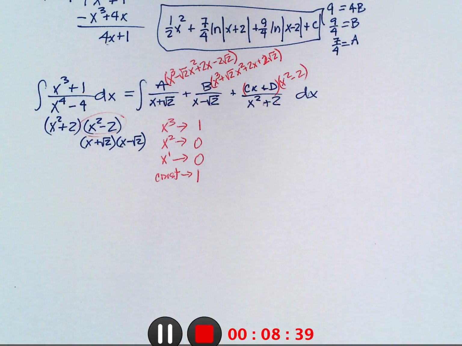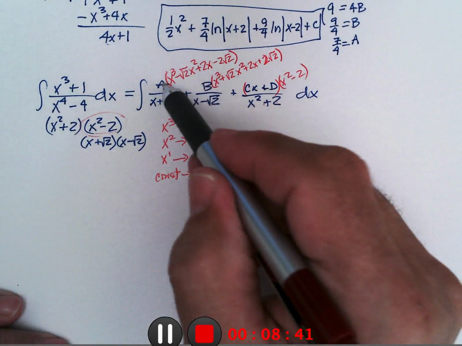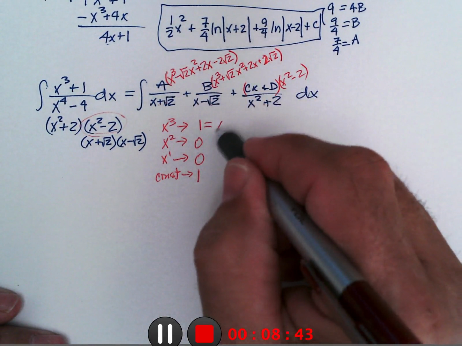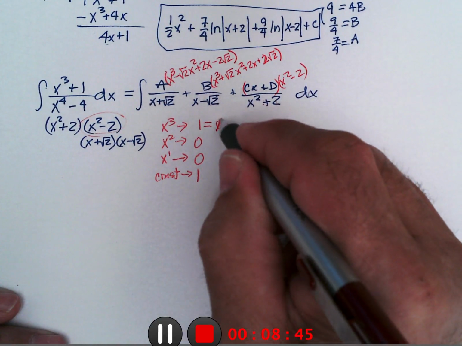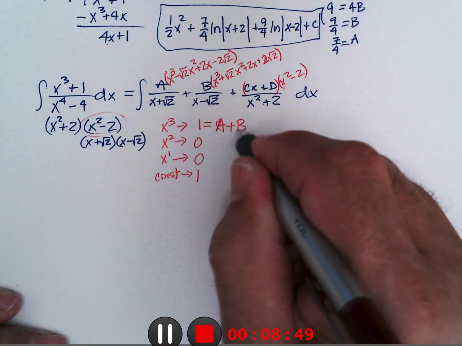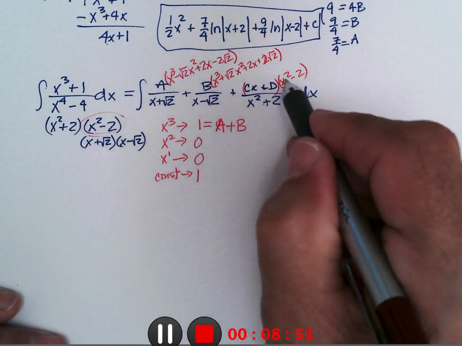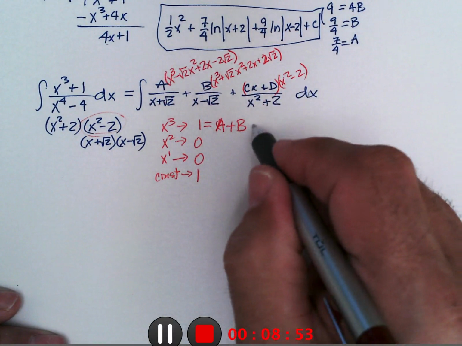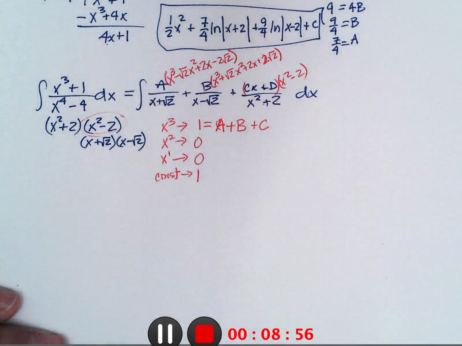So we have ax to the thirds, we have bx to the thirds, and we have cx times x squared is cx to the thirds. And that's all the x to the thirds we have.